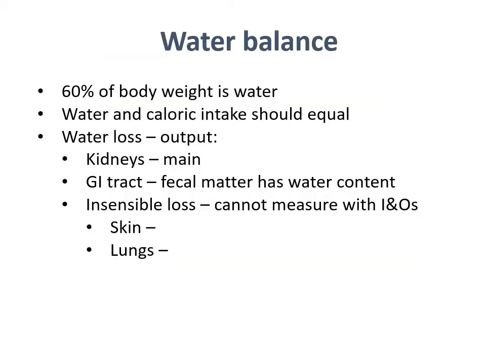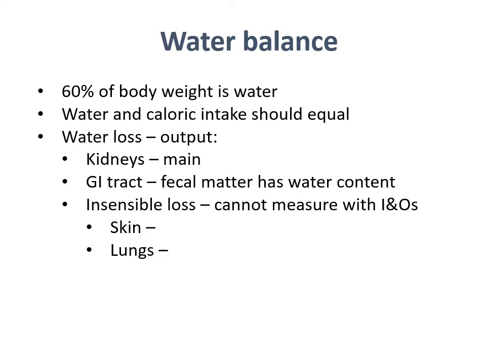Okay, so let's just talk about water balance a bit. The human body's made up of about 60% water. Okay, so about 2/3 of us is water. And water is in pretty tight parameters. The body wants to keep us in water balance.